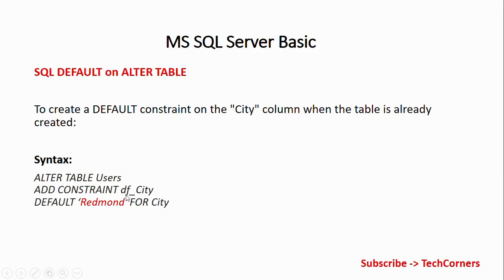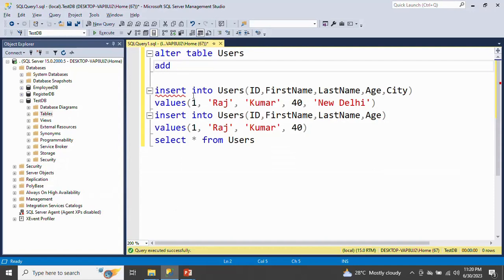This is the default constraint name. It is depending on you, whatever you want to give here, but the standard is to use df, which stands for default, and then underscore the column name, and then we have the default keyword, and we are specifying this value for city.